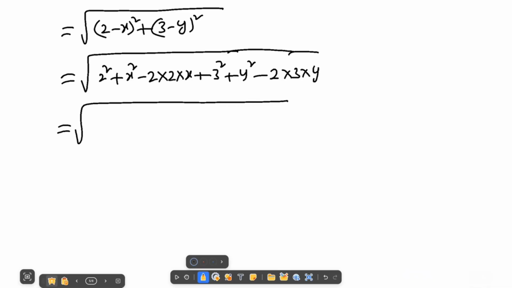Now under root of, here 2 square is 4 plus x square, here minus 2 into x, so minus 4x, plus 3 square is 9 plus y square. Next here, minus 2 into 3 into y, minus 6y.